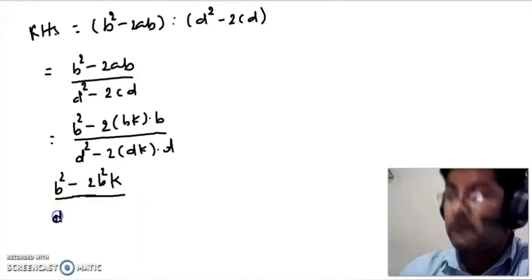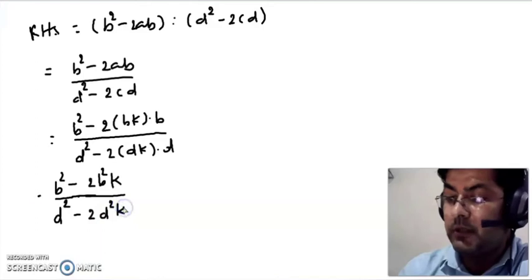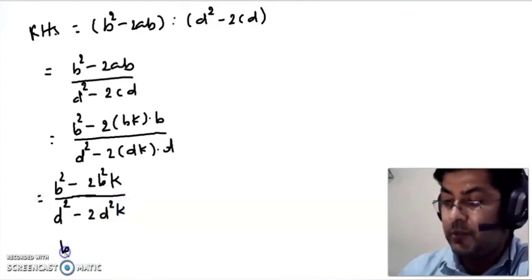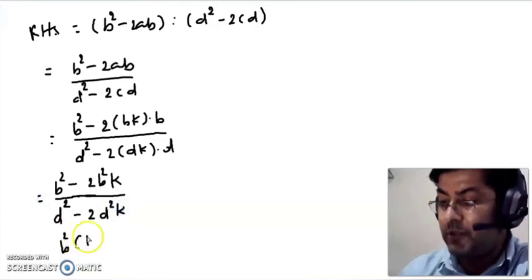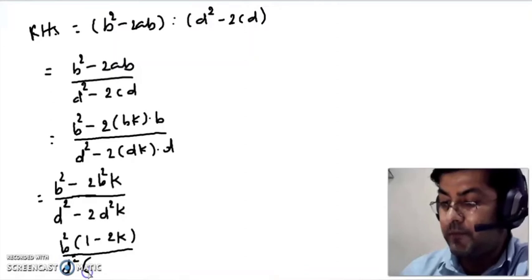upon d square minus 2 d square k. So b square common from the numerator we have 1 minus 2k, and from the denominator we can take d square common, 1 minus 2k.